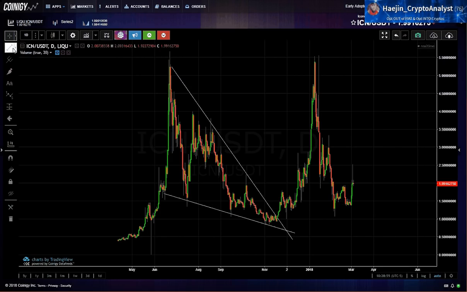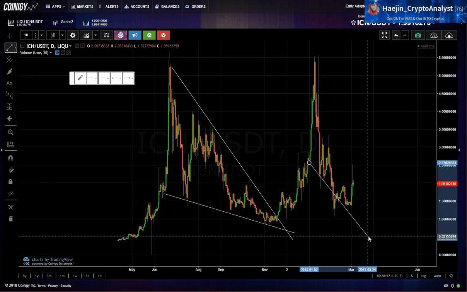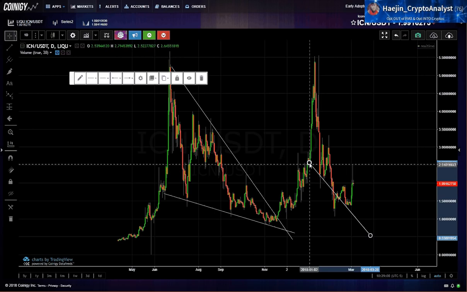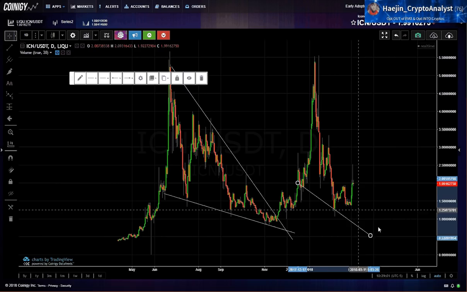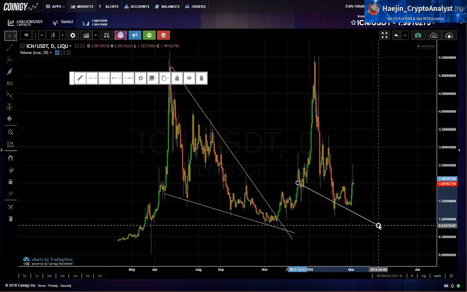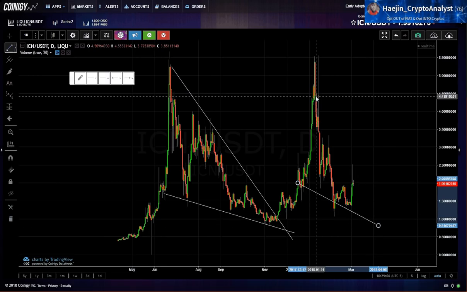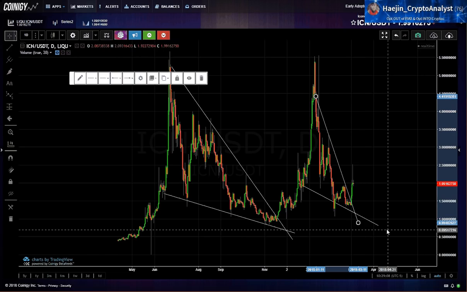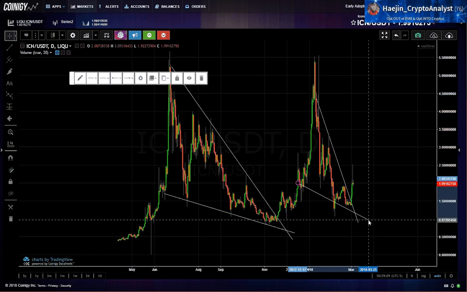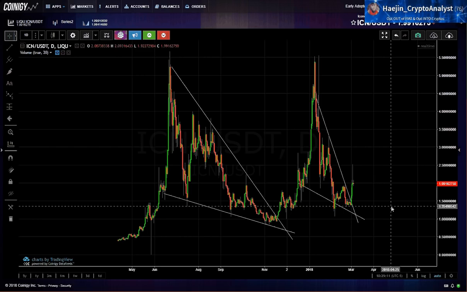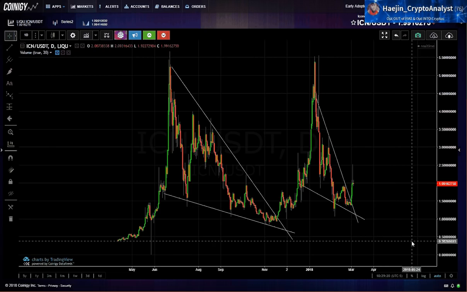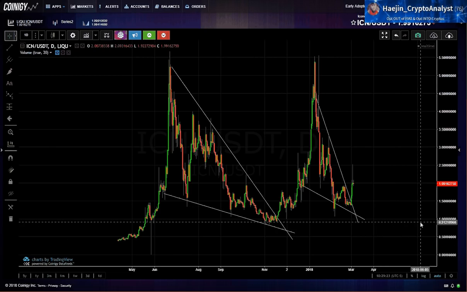It is in their nature to carve out a triangle pattern. It is like their way of selecting the preferred pattern to correct, consolidate, and prepare either for the next up leg or the next correction.